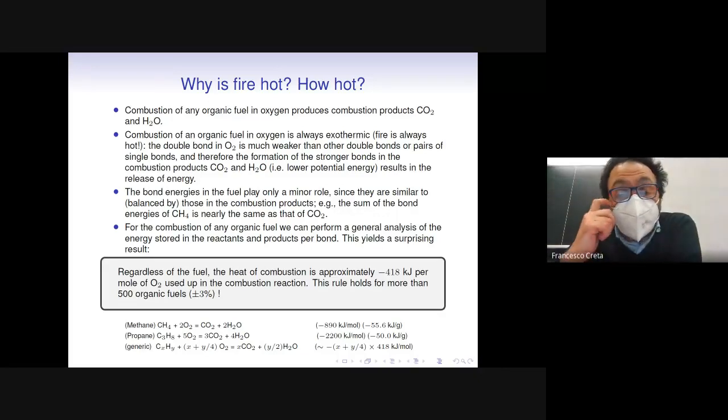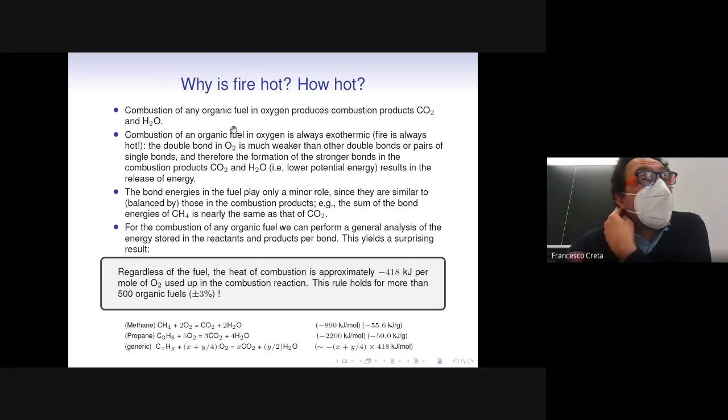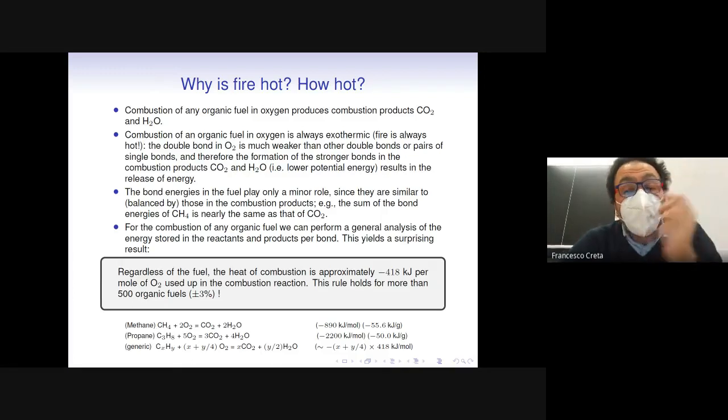And this is what combustion 99% of the time will be concerned with: the reaction of organic molecules, or so-called hydrocarbons, with oxygen to form essentially CO2 and water. We always have, obviously, an exothermic reaction.